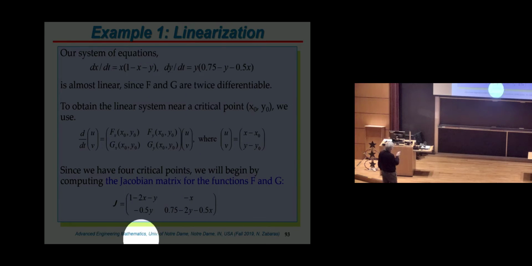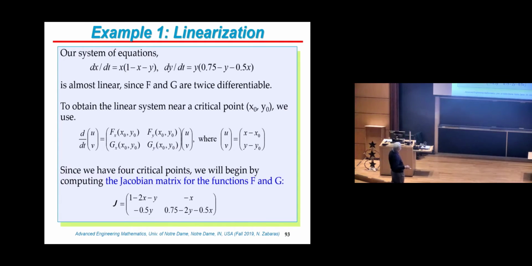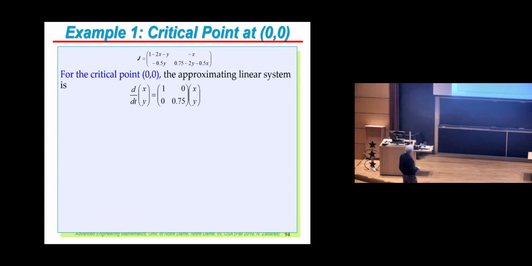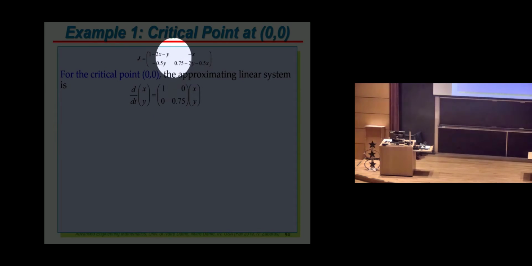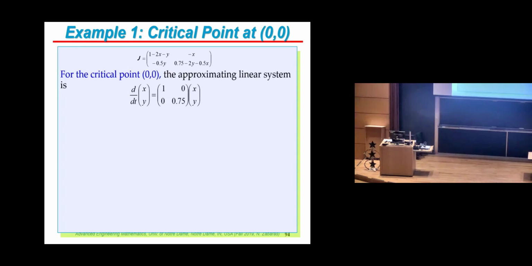And the same thing for the term on the right-hand side of dy over dt. So that's the Jacobian matrix. So you go point by point. The point (0, 0), you plug into the Jacobian matrix, you get 1, 0, 0, and 0.75. So the matrix looks like that.